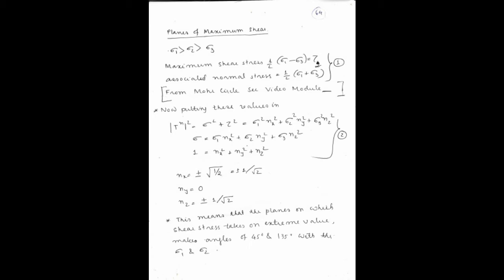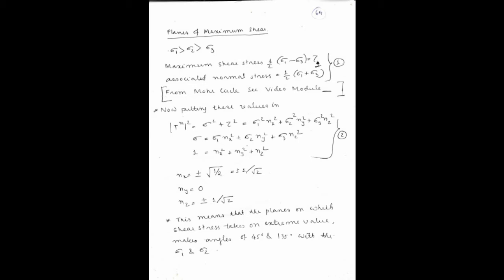So for the condition sigma 1 greater than sigma 2, and sigma 2 greater than sigma 3, the maximum shear stress will take place in some planes, and these planes on which maximum shear stress occurs make angles of 45 degrees and 135 degrees with sigma 1 and sigma 2.